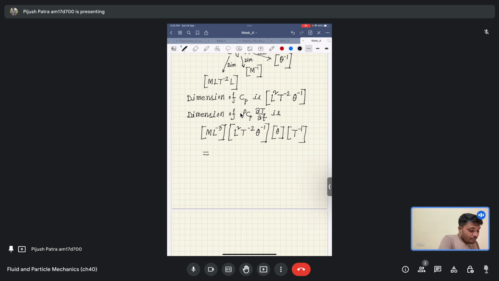So it is m, then you have L square and L to the power minus 2, so M L to the power minus 1. Then here you have t to the power minus 2, you have t to the power minus 1. So it's t to the power minus 3. Am I right? It's t to the power minus 3.